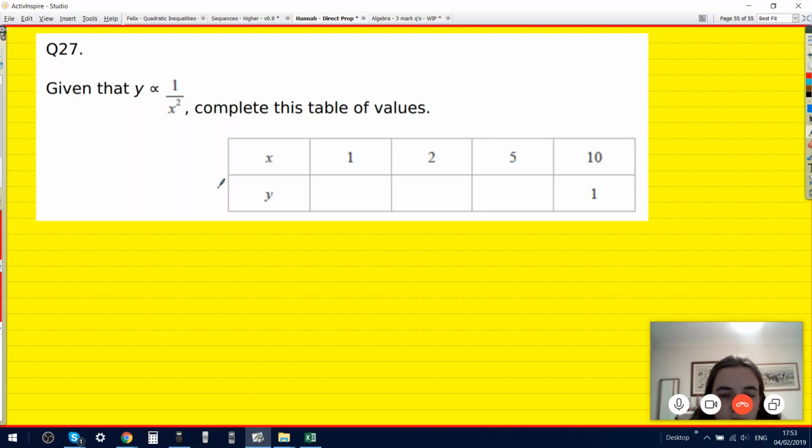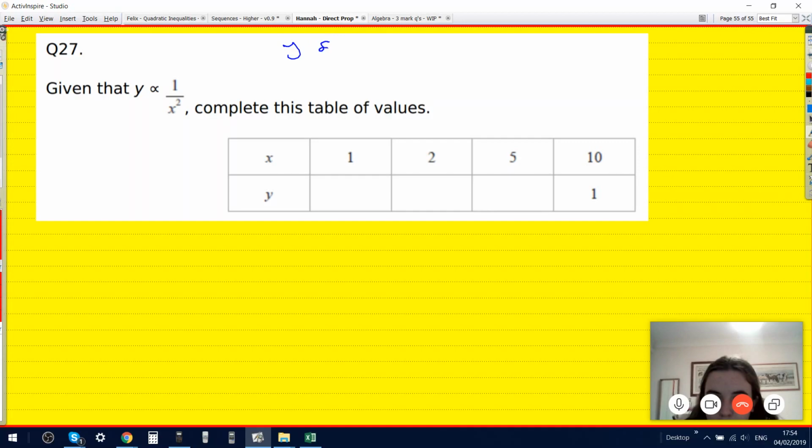Four, 5, is it 4? How did you get that? 5 squared is 25, and then 1 divided by, wait, is it 0.4?